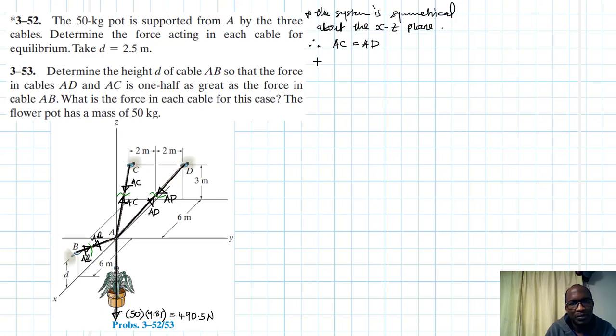So let's start with AB, length AB, using Pythagoras. Length AB is just in a single plane, which is the x, z plane. So we have, in the x, 6 squared, plus in the y, it is just 0. Then in the z, we have a d.